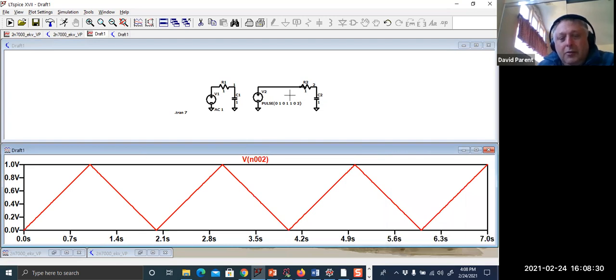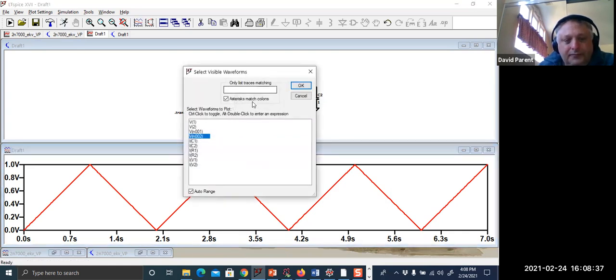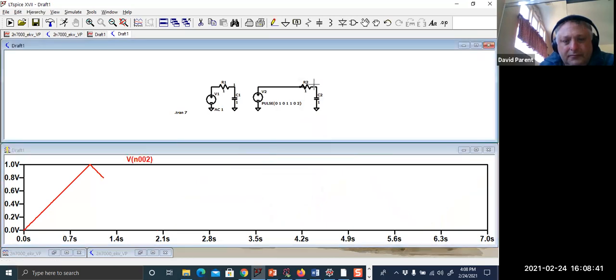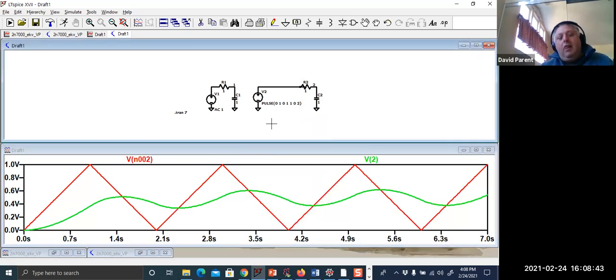But the period is 2. And notice it's taking time to get there. In fact, 5 tau is longer than this shape.